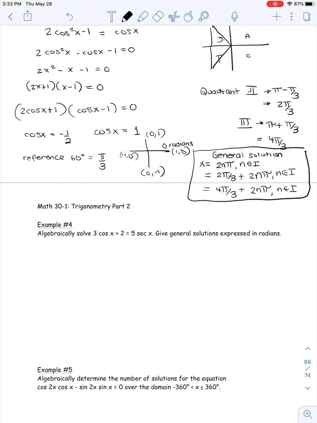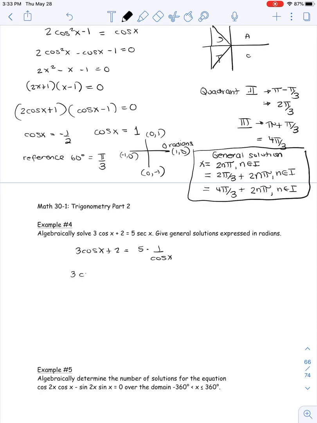Example number 4, we're going to replace secant with 1 over cos of x. So what I'll do in this case is, because I have it in the denominator, I'm going to multiply everything by cos of x to get it in the numerator.